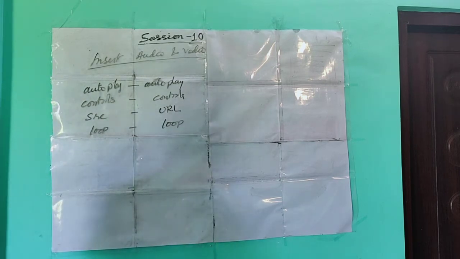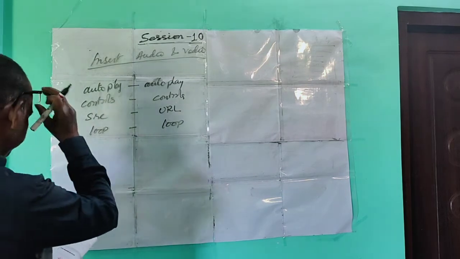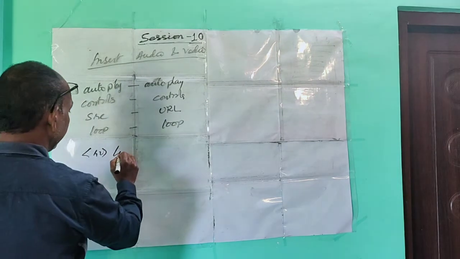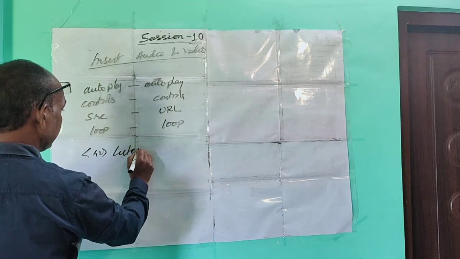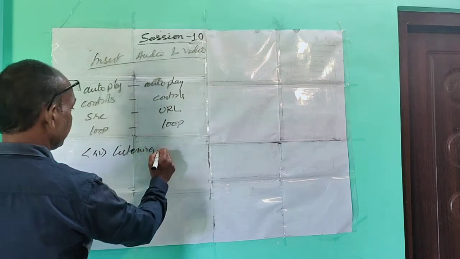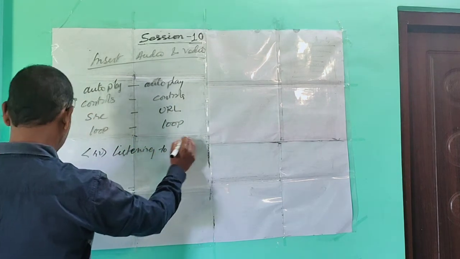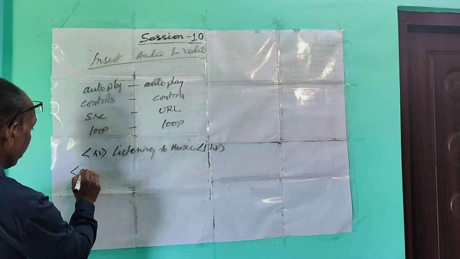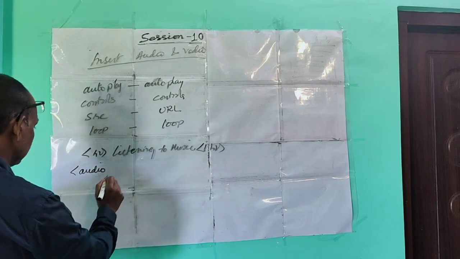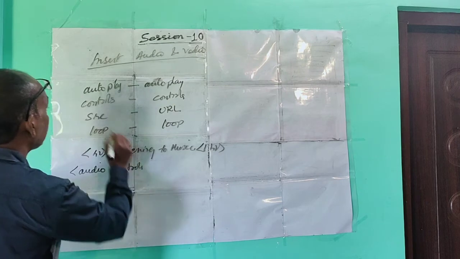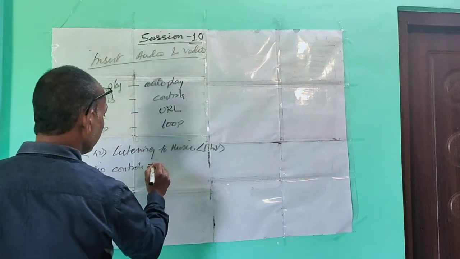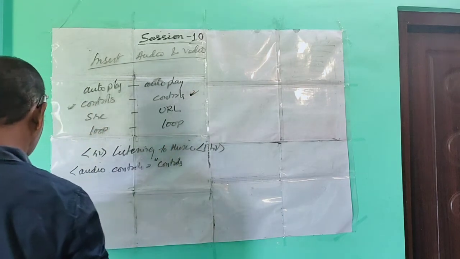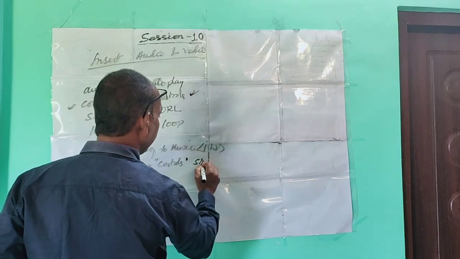So how can you use audio in your document? If you write here H2, Listening to Music, H2 close. The tag is audio controls equals to controls, then src, source.